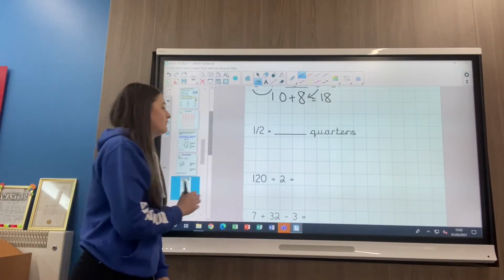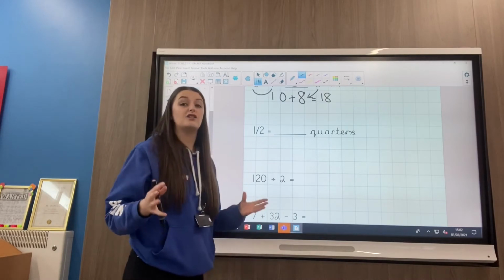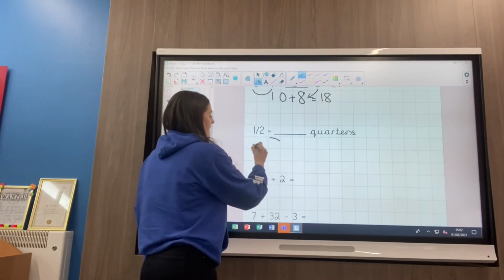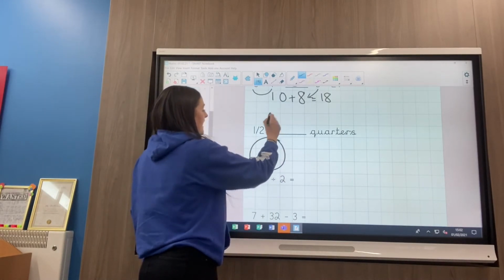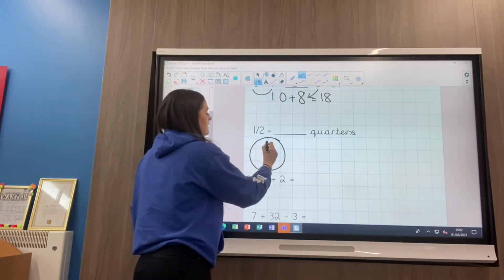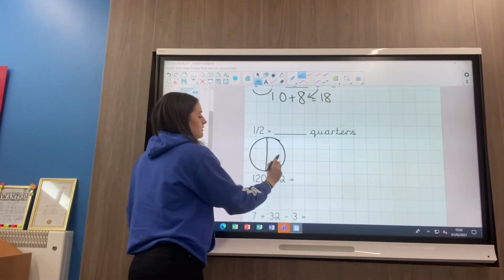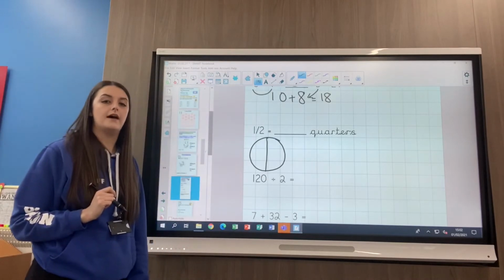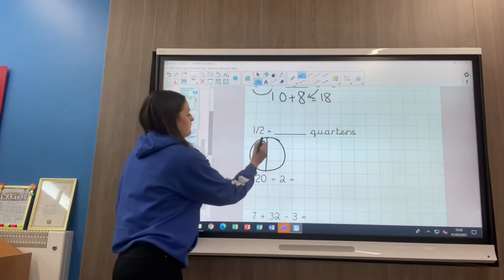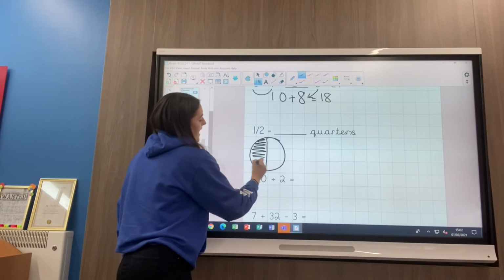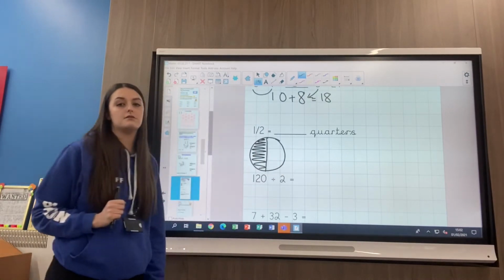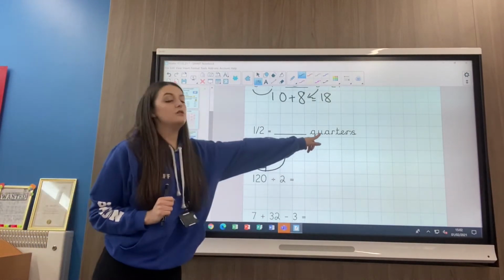Now, we know a fraction is part of a whole. So if I've got my whole pizza and I'm going to split it into halves, I'm going to split it into 2 equal parts, okay? Now, 1/2, that's just 1 out of my 2 parts, okay? Now, quarters.